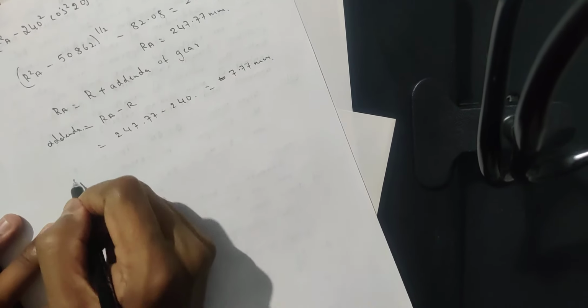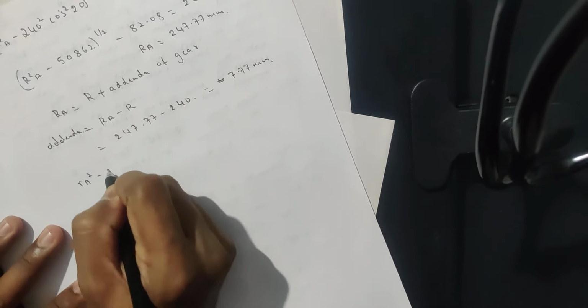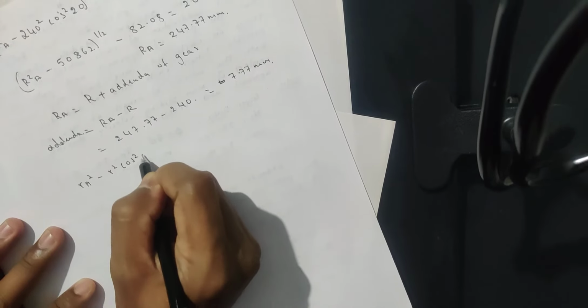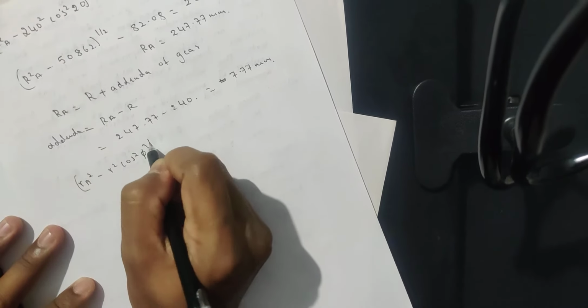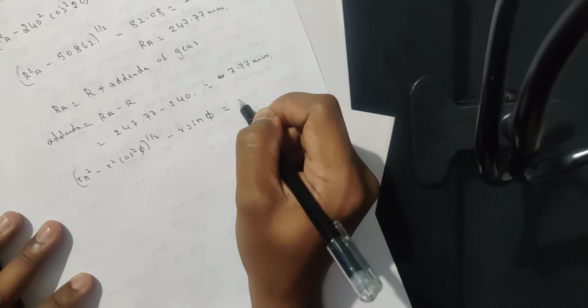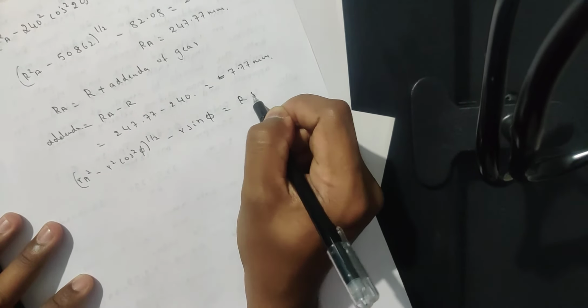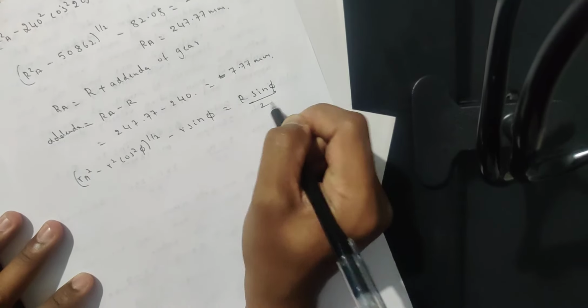Similarly, you have to work on the other side: RA square minus R square cos square phi into 1 by 2 minus R sin phi should be equal to capital R sin phi divided by 2.